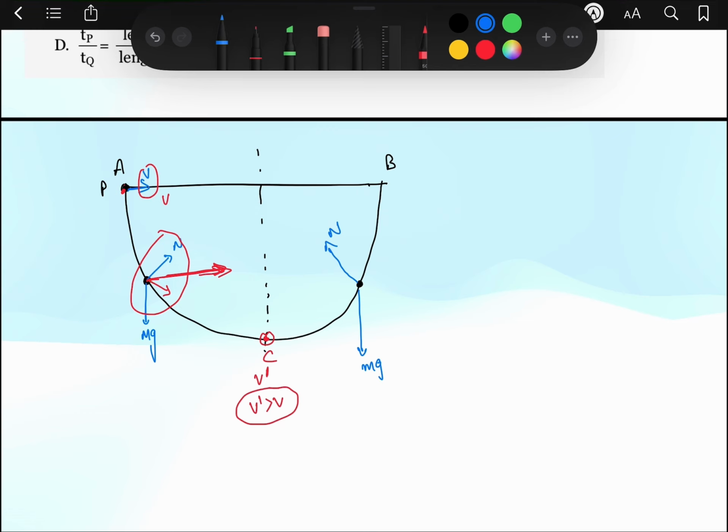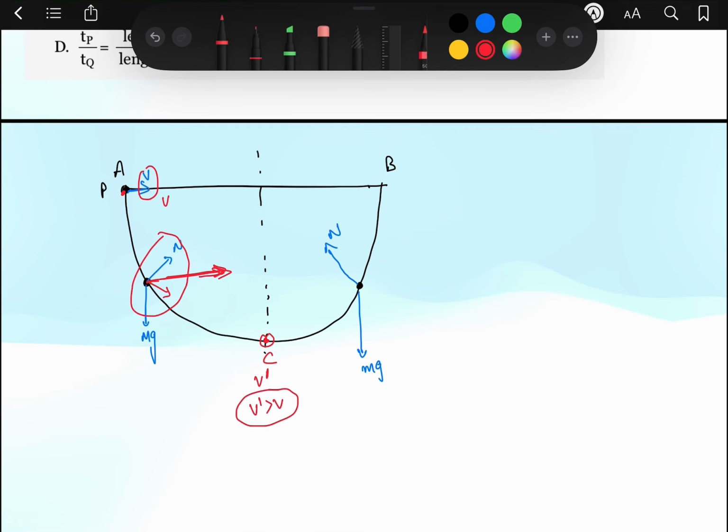Similarly, there will be a resultant of these two forces, and I can assume there will be a horizontal component of this resultant of the normal and mg. So here is the velocity v dash at point C. It will reduce as it comes to point B, and at point B the horizontal component of velocity will be v only. So this v will be less than v dash.